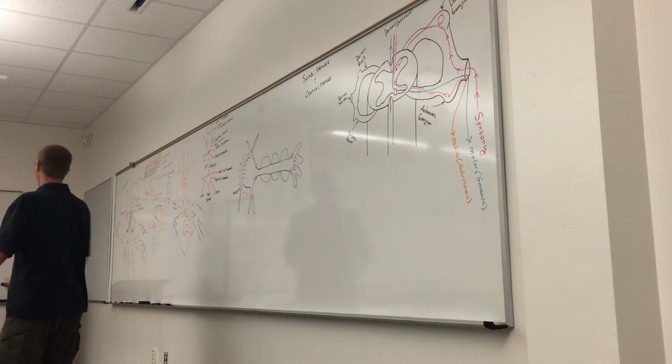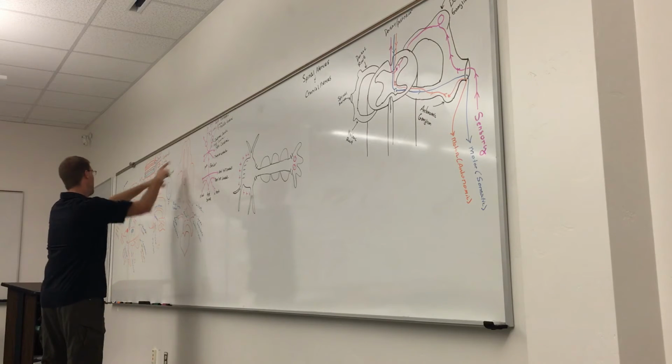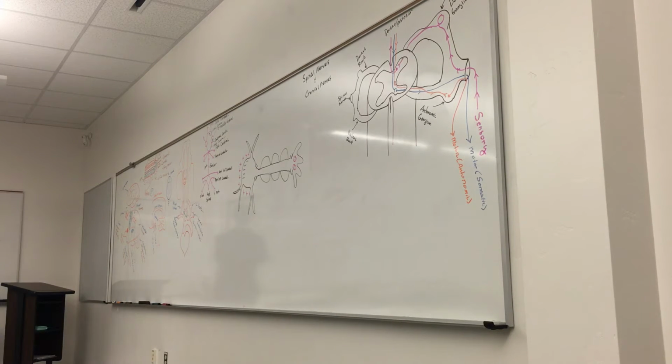The internal carotid is what shoots up on the anterior part. So the vertebral arteries are back here. The internal carotid arteries shoot up into the base of the brain. You guys cool with that?